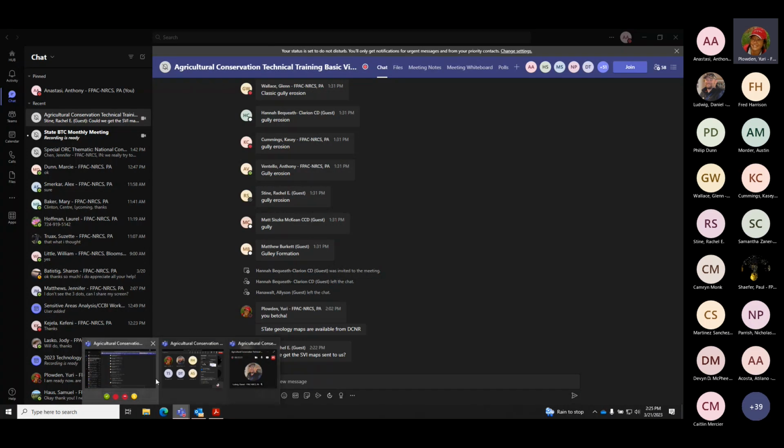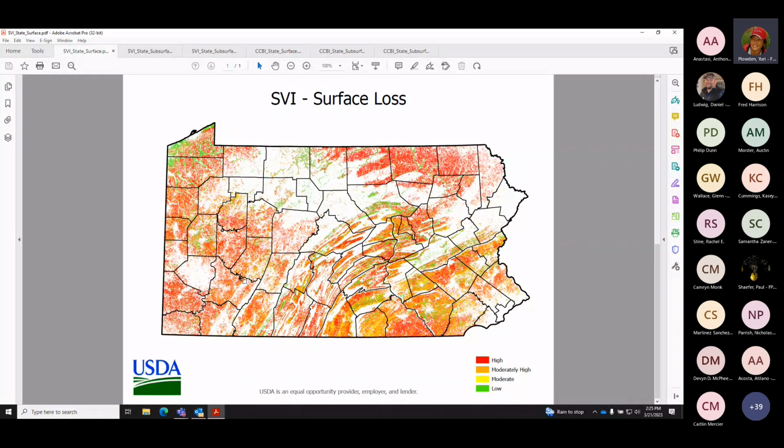So you're posting the GIS layer? No, just these maps. The GIS layers, I can put those on people's F drives if they really want to, but if you have access to Conservation Desktop, all of this data is already on there. You go to your map preferences and there's a conservation tab in there, and all the SVI, CCBI data is already in there, and that's probably the easiest way to look at it.